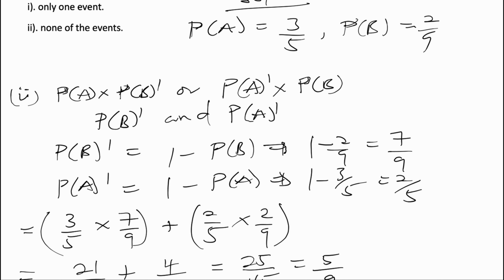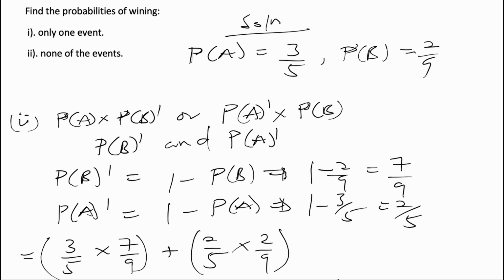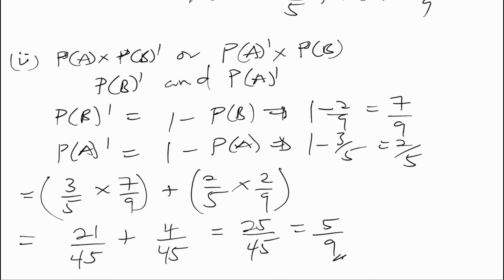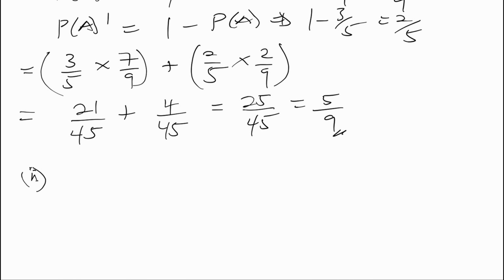So we are finding the probability of winning none of the events. This is the same as the probability of not winning the first event and the probability of not winning the second event. So the probability of winning none of the events will be the probability of not winning the first event times the probability of not winning the second event.